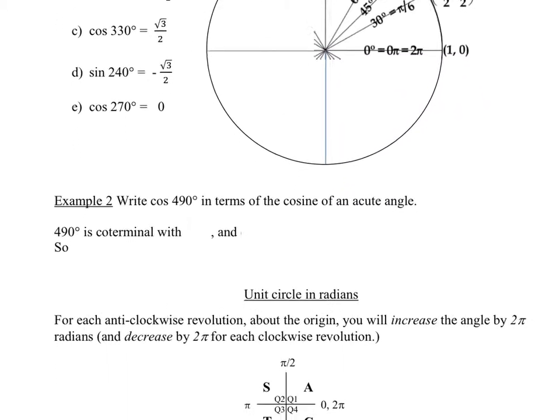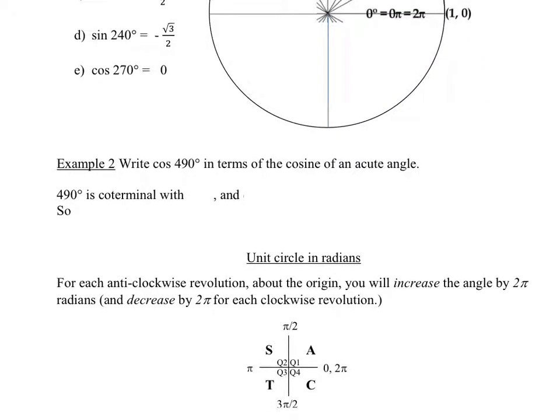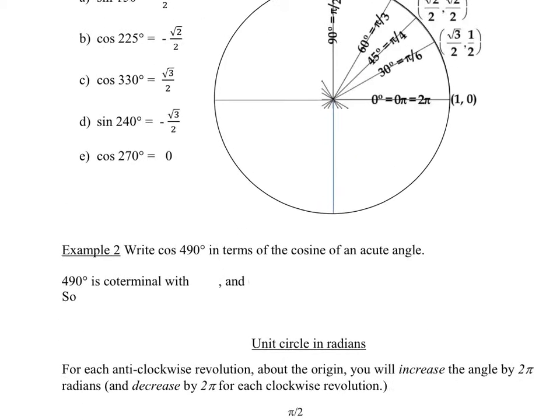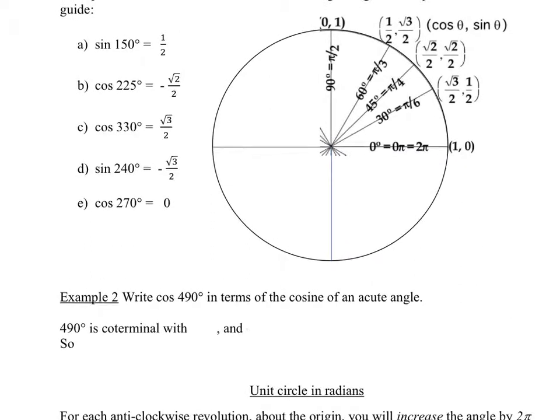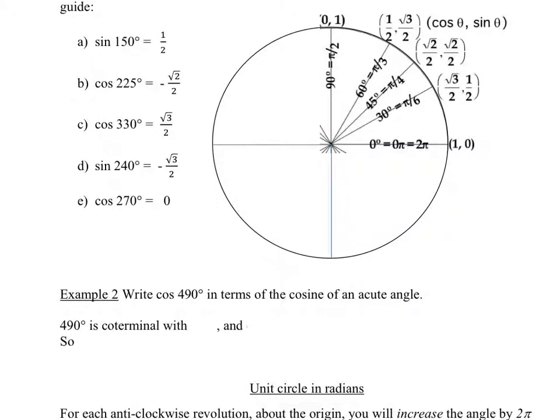Okay, so we can begin to answer other questions like this example here, example 2. Cosine of 490 degrees would be exactly the same as a much smaller angle. You're asked for it to be written in terms of the cosine of an acute angle.